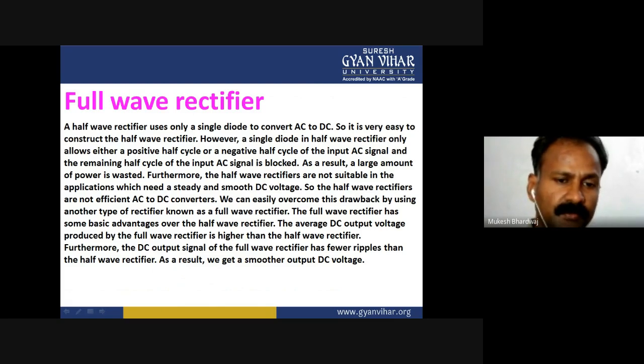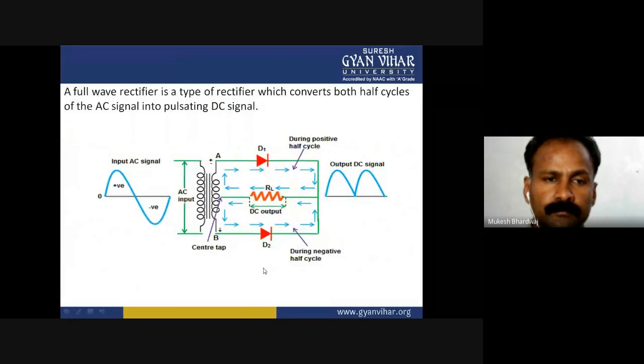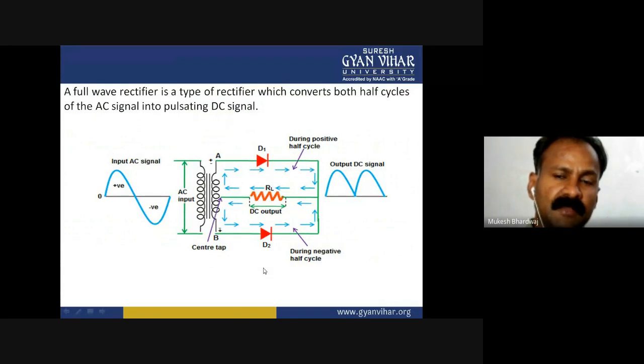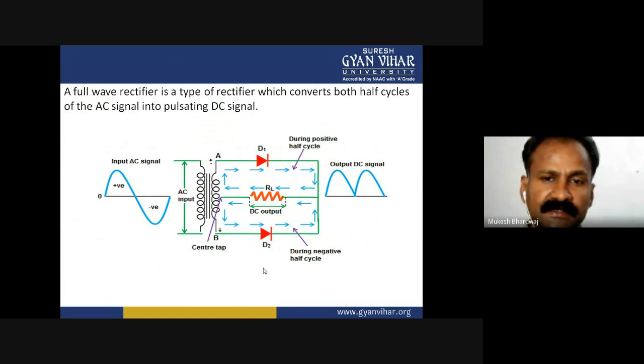Furthermore, the DC output signal of the full wave rectifier has fewer ripples than the half wave rectifier. As a result, we get a smoother output DC voltage. A full wave rectifier is a type of rectifier which converts both half cycles of the AC signal into a pulsating DC signal.